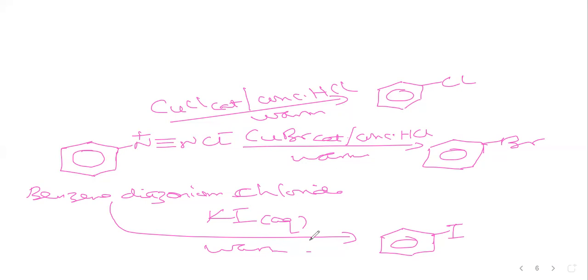So I've looked at the way we can synthesize alkyl halides and aryl halides from different compounds. I hope that can boost your synthetic knowledge. It can boost your knowledge on synthesis.